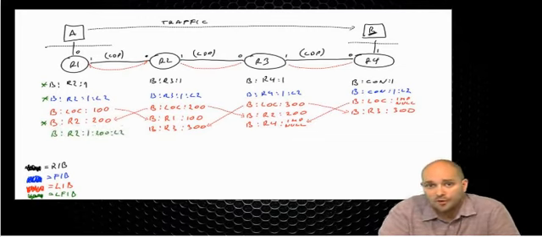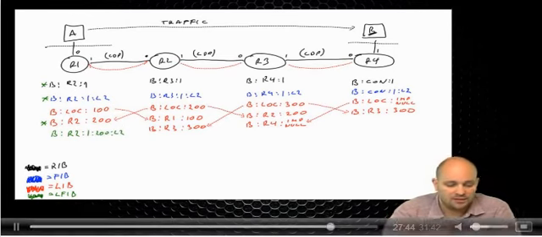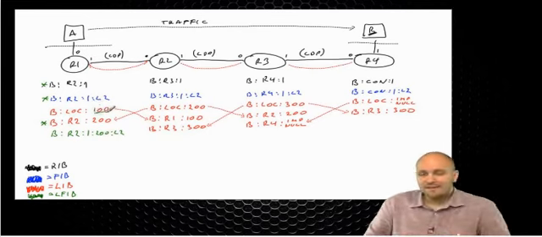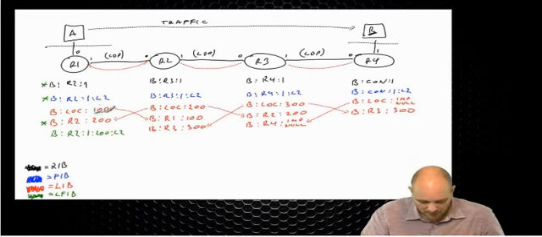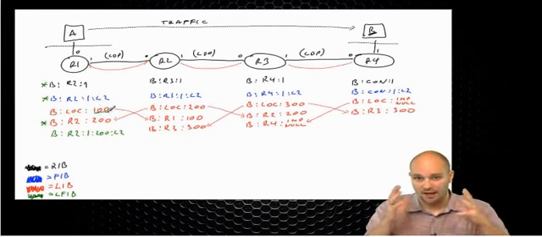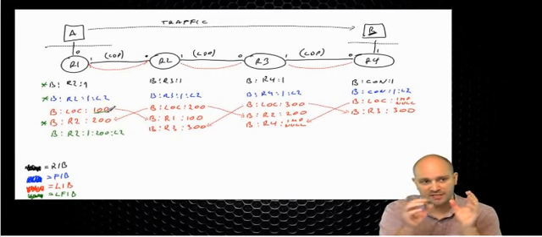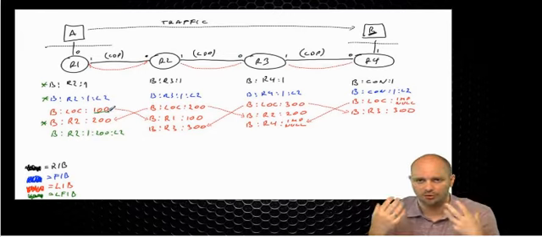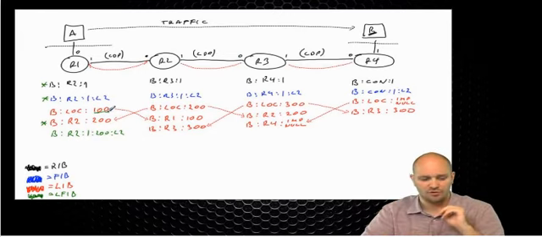Now, there is going to be one more entry that's going to be built. Entry built based on this label. Technically speaking, in IOS, when you are looking at the LFIB, you are going to see this all on one line, but I think it might be easier to understand if I show you these two entries separately.